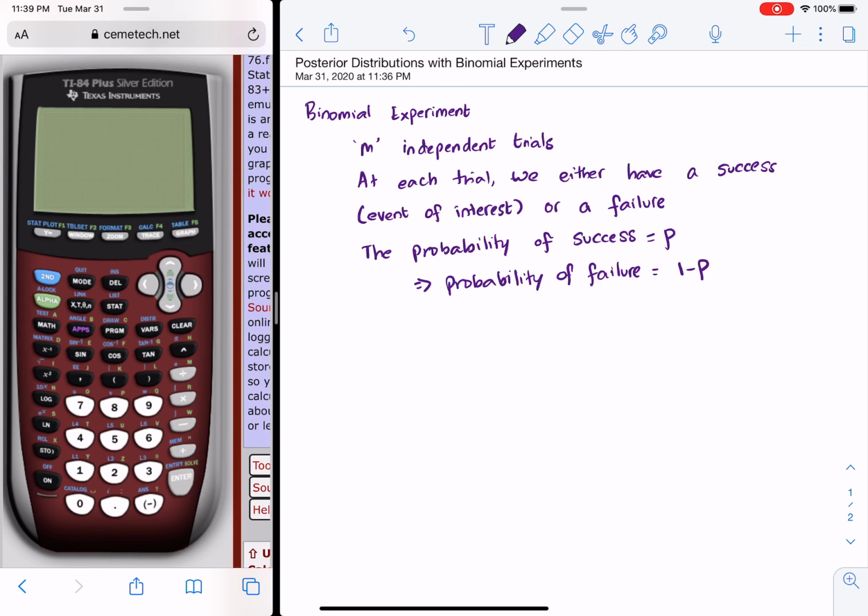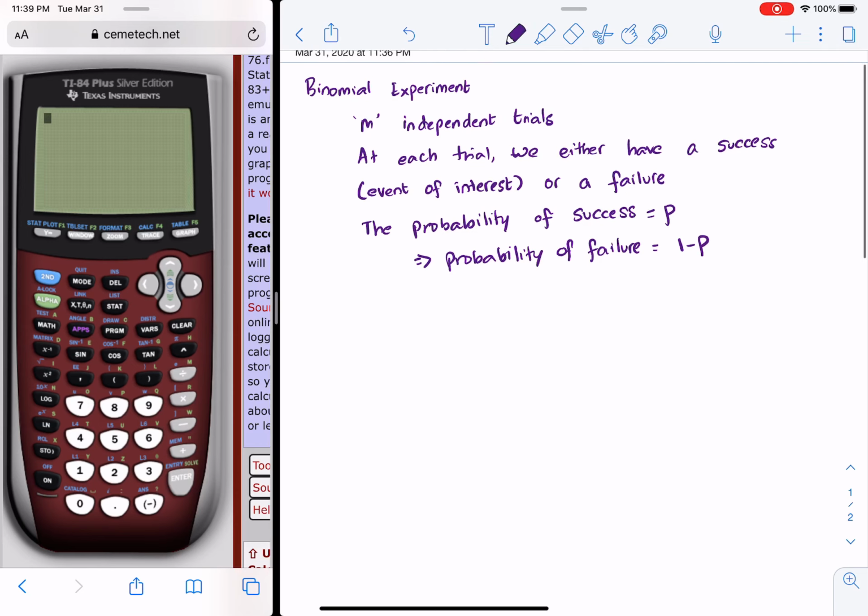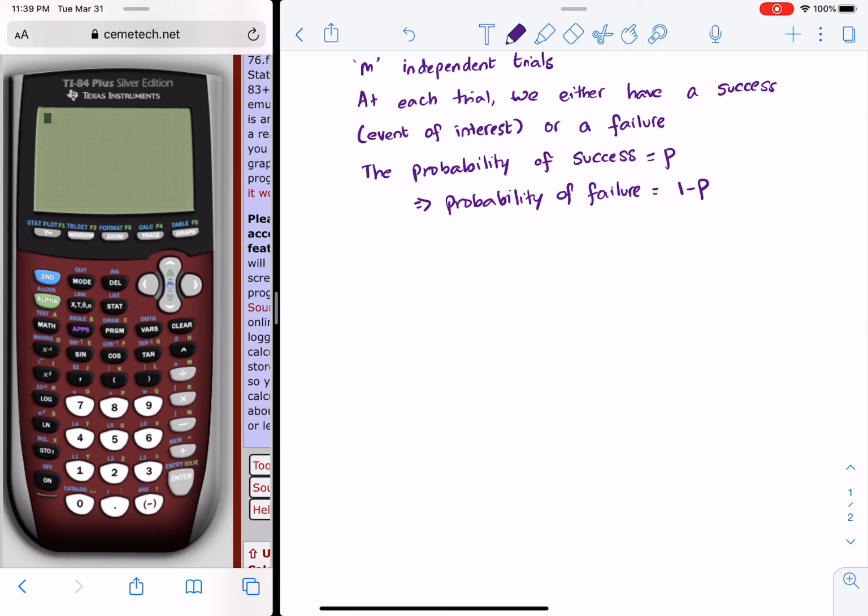So let us consider a simple binomial experiment. We'll have an example here. I don't want to do 10, let's just do 5.